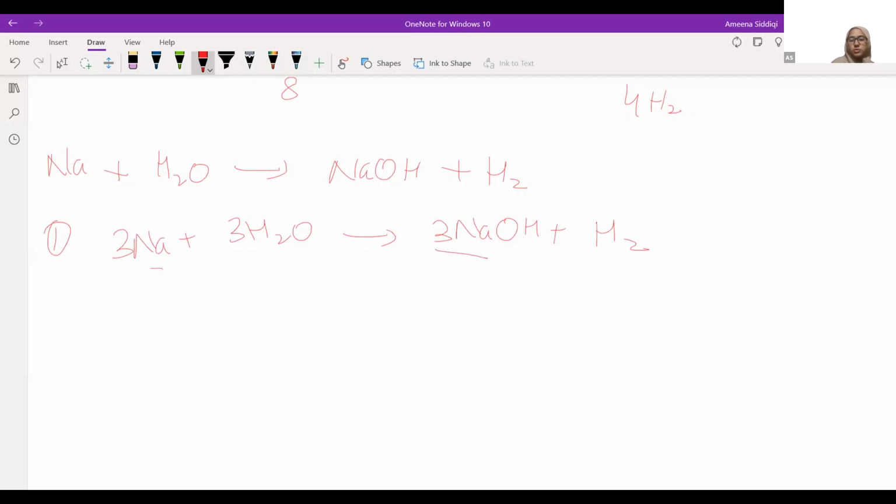Then we have to move on to the oxygen. 3 oxygen atoms, right? 3 oxygen. Hydrogen 6, and 3 plus this just gives 5 hydrogen. That means something is missing. There are 3 hydrogen there, plus these 2 gives you 5 hydrogen atoms, right?